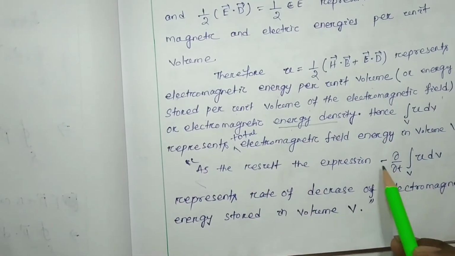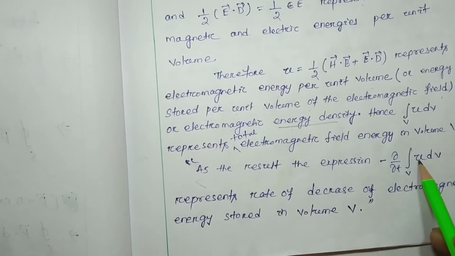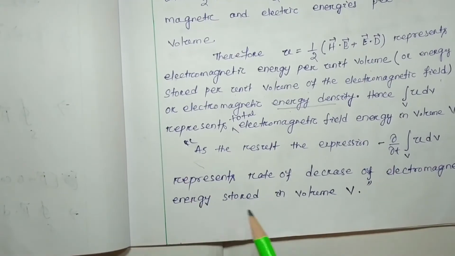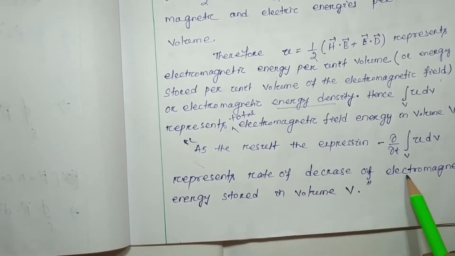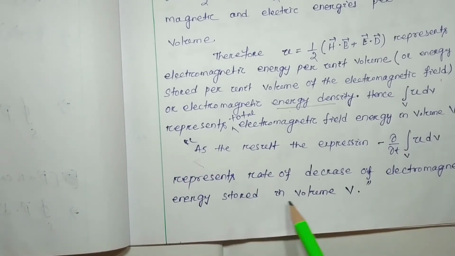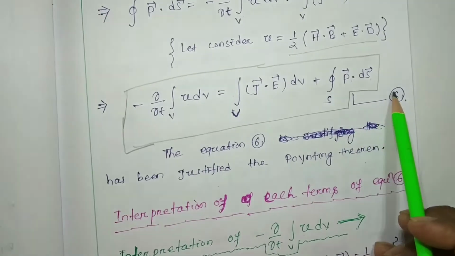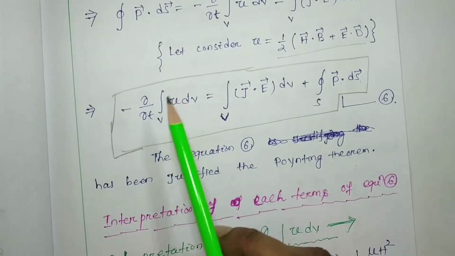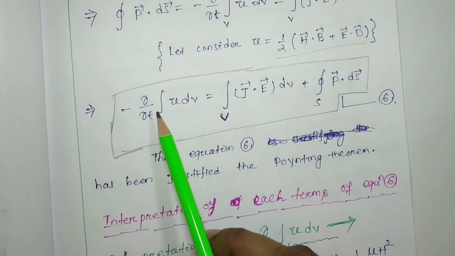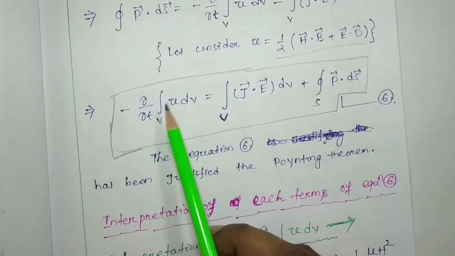So the expression minus del by del t of the volume integration of u dV represents the rate of decrease of electromagnetic energy stored in the volume V. So this expression, the left hand side of equation number 6, represents the decrease of electromagnetic energy per second.